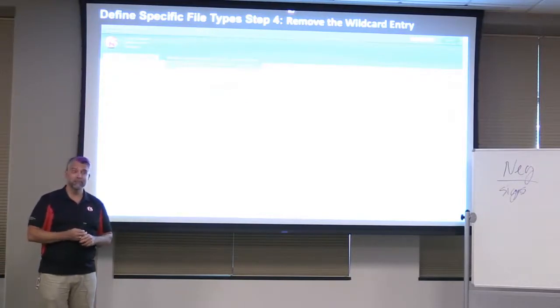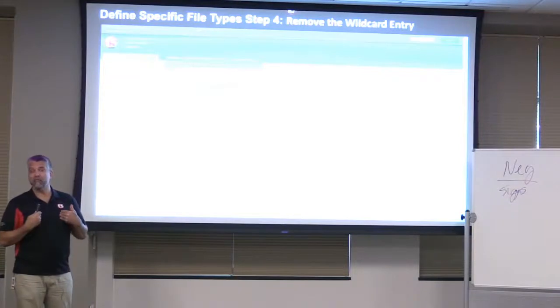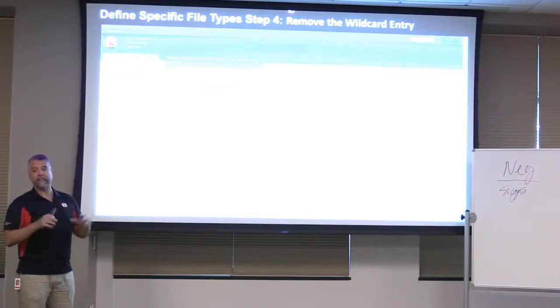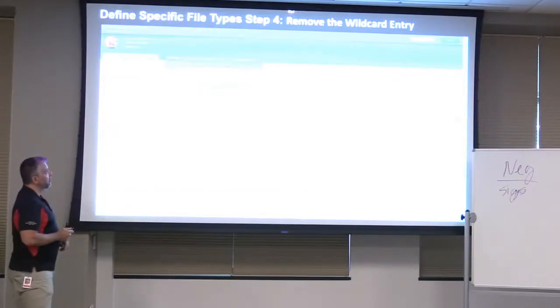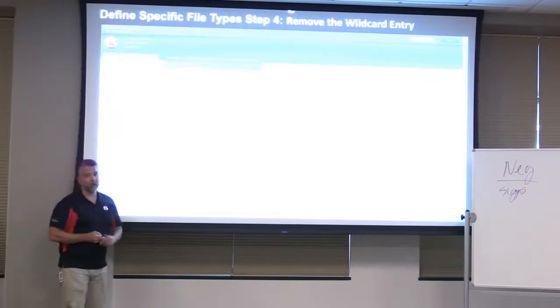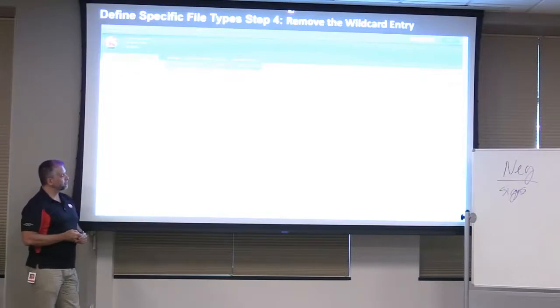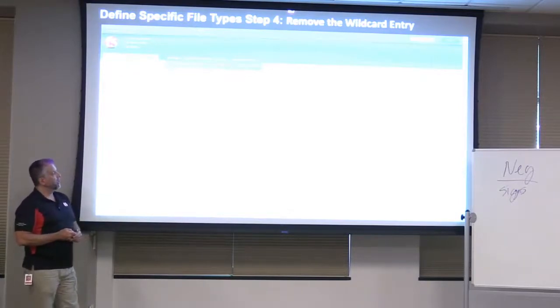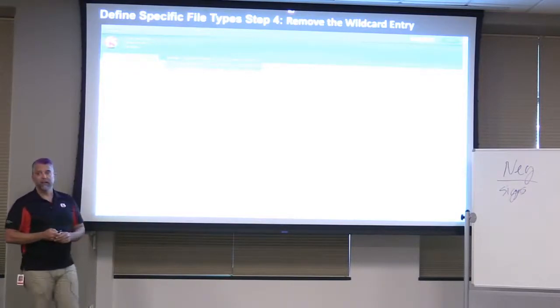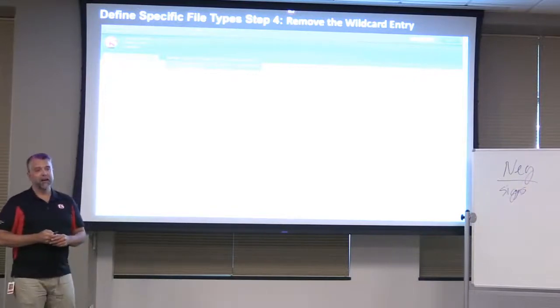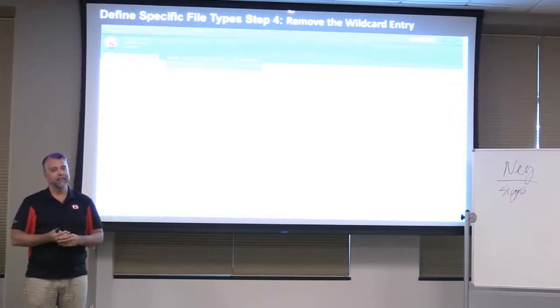It's possible. But for now, I'm feeling pretty confident. So I want to complete this process, which means I have to get rid of that wildcard character. I can select it, delete it down here at the bottom. Now, we have a fully baked whitelist for file types.